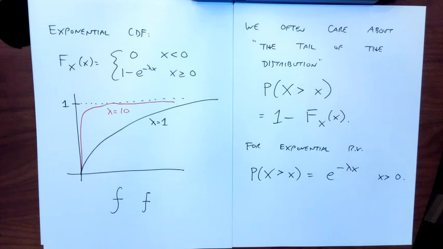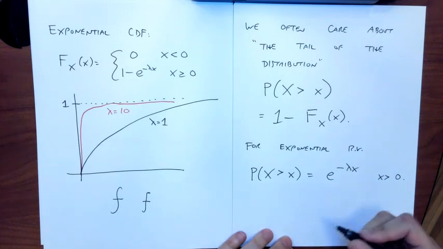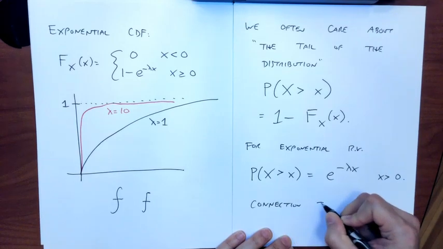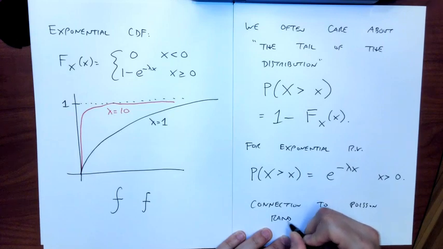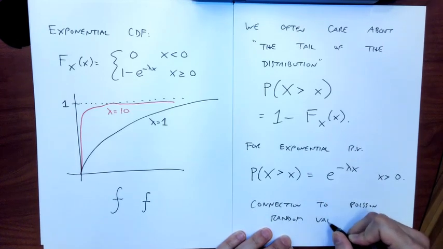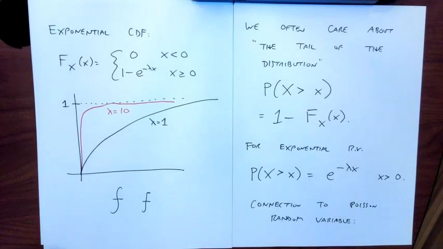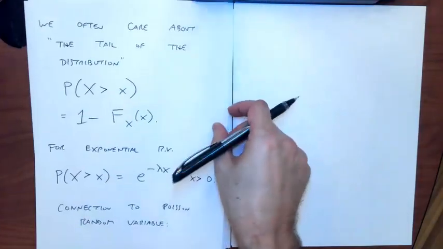So this is like saying, okay, if x is some really big number, and lambda is some really big number, that's a very unlikely thing to happen, right? So here's the connection to the Poisson random variable.